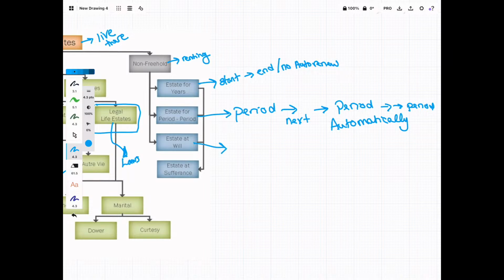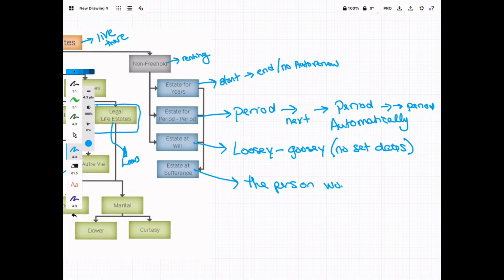Estate at will, it's all loosey goosey. No set dates. An estate at sufferance, the person won't leave.